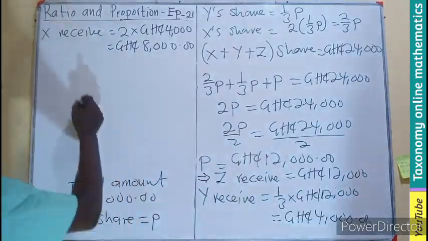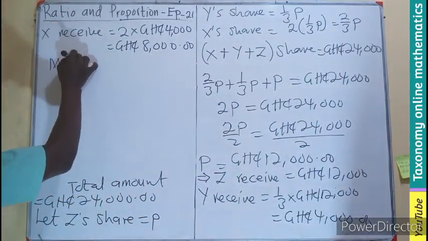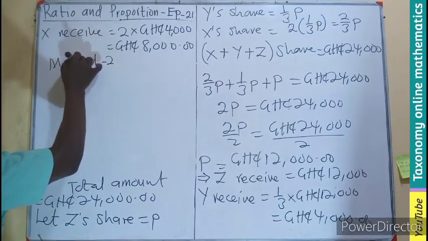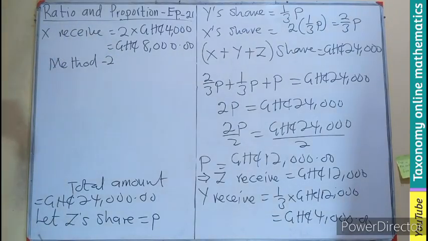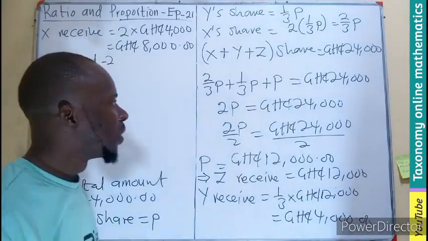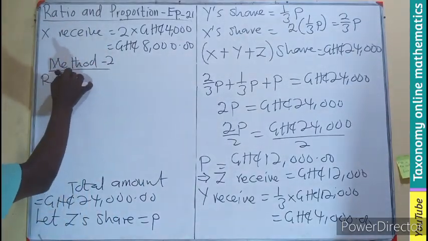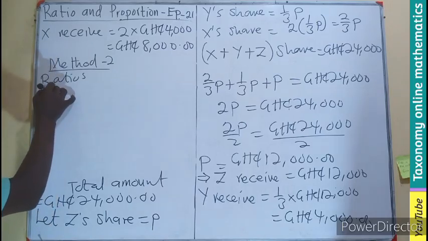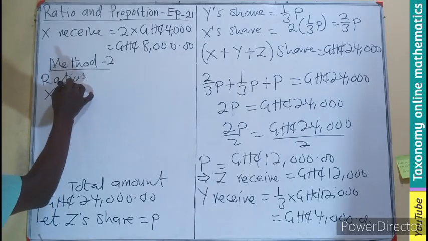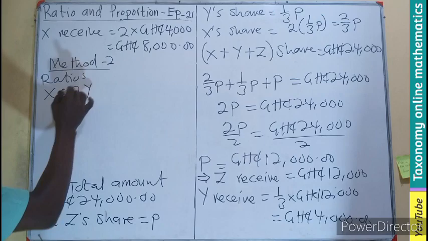We can also use a different method. For method 2, we are going to deal with the ratios. X takes twice of what Y is taking.